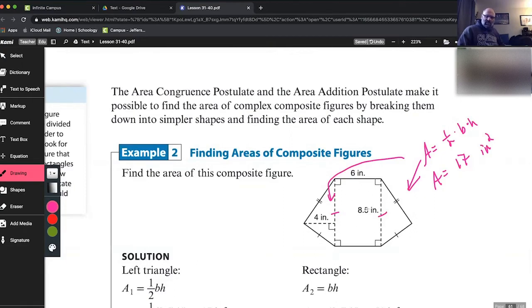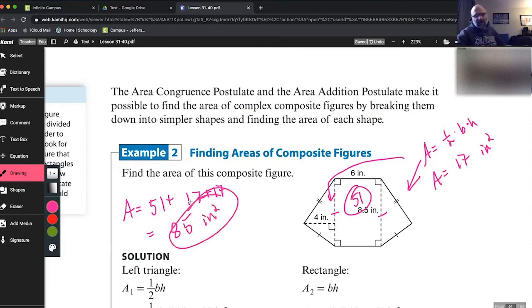You guys know? 51. So the total area is going to be 51, which is that rectangle, plus the two 17s. 51 plus 34 is 85 square inches. You guys remember doing that in pre-algebra?